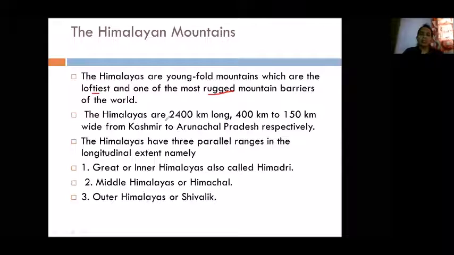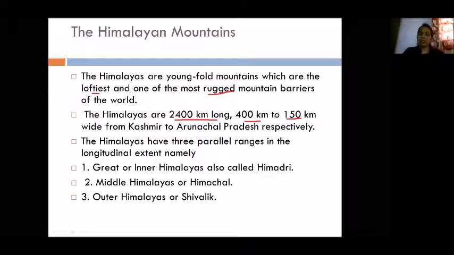The Himalayas are 2,400 km long. The length of the Himalaya is from west to east. Whenever we speak about the Himalaya, we have to keep in mind from which direction we are studying. From west to east, the length of the Himalaya is 2,400 km. The width has a lot of difference, 400 km to 150 km.